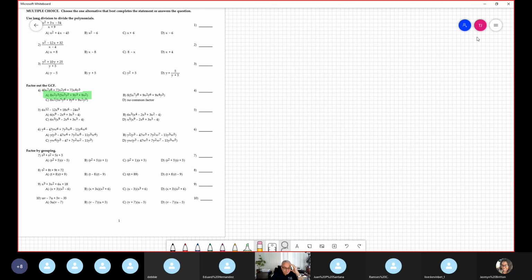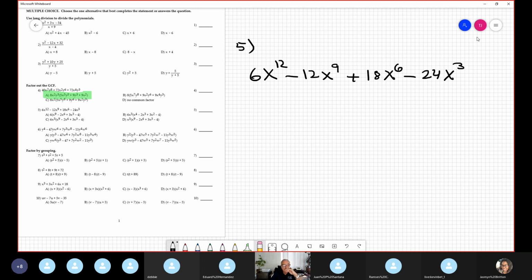Number 5. Number 5 is 6 x to the 12 minus 12 x to the 9 plus 18 x to the 6 minus 24 x to the 3rd. Okay. So my goal first is to find the GCF between 6, 12, 18 and 24.